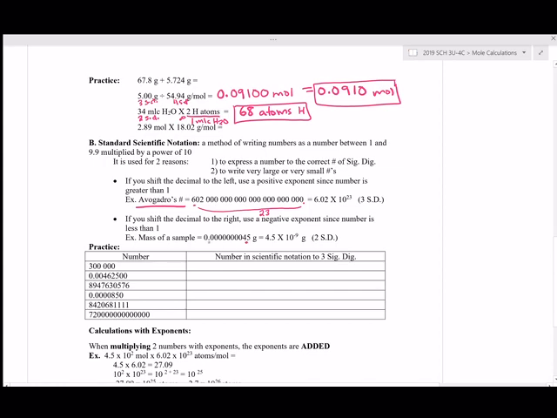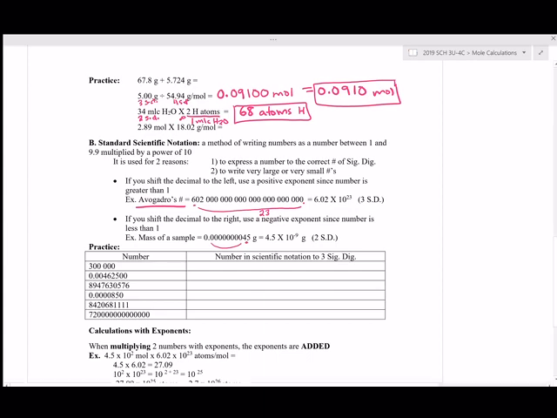If I counted all those spots, I would have 9 spots between where the decimal was and where I have now placed it. You're going to have to use scientific notation occasionally when you're trying to write an answer with a certain number of significant digits. You might be forced into writing it this way in order to express those significant digits. But it's also just so much easier than writing huge and tiny numbers.